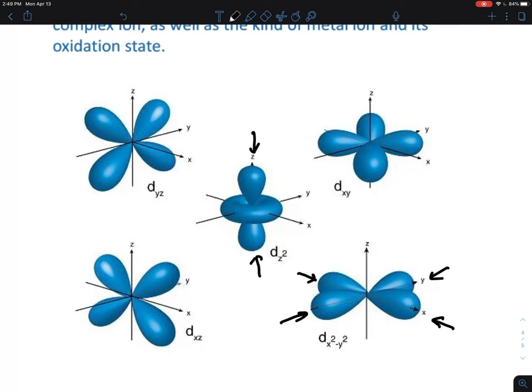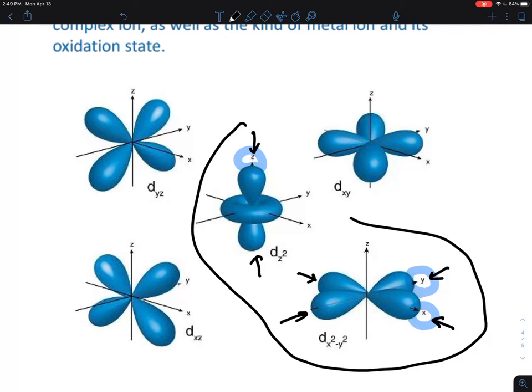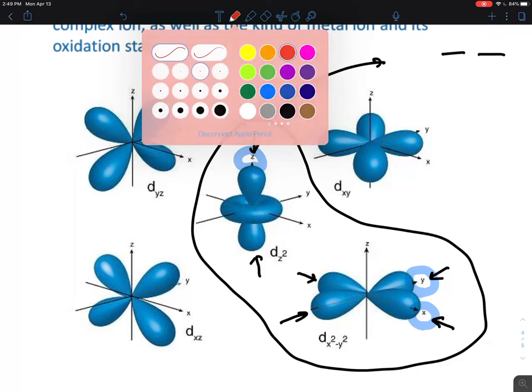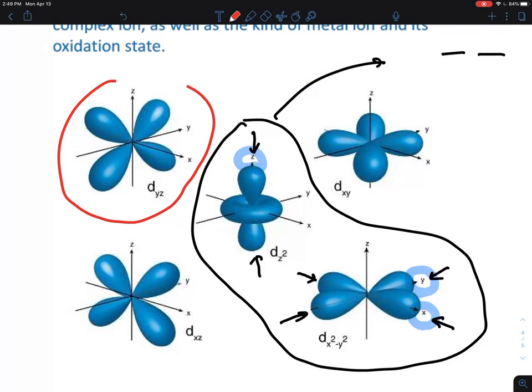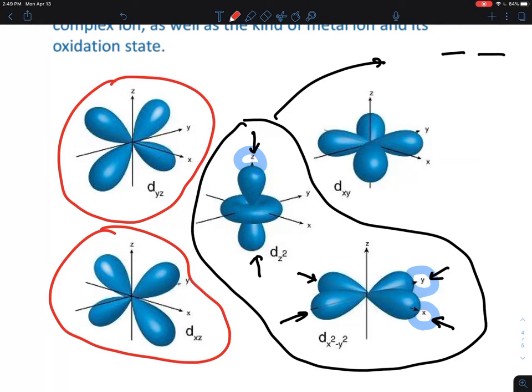Geometrically they occupy x, y, and z, and these two go higher in energy. The other three, xy, xz, and yz, lie in between and take lower energies in the octahedral splitting from the original 5d orbitals.